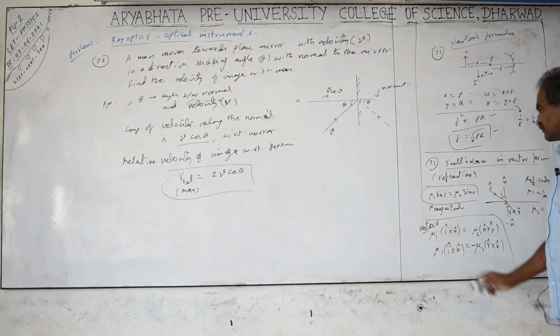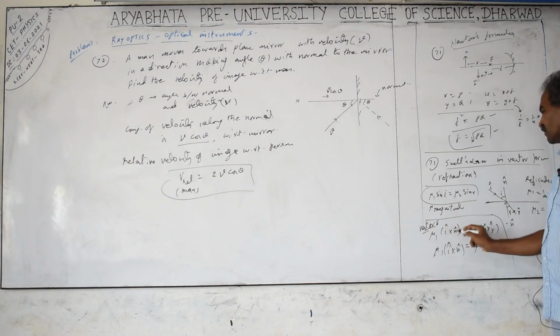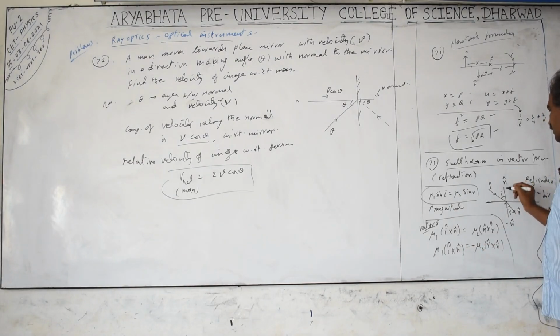In vector form, it is written as mu1 into sin of i cross n. N cap is a unit vector in the upward direction, perpendicular to the surface along the normal. The downward direction becomes minus n cap in vector form.